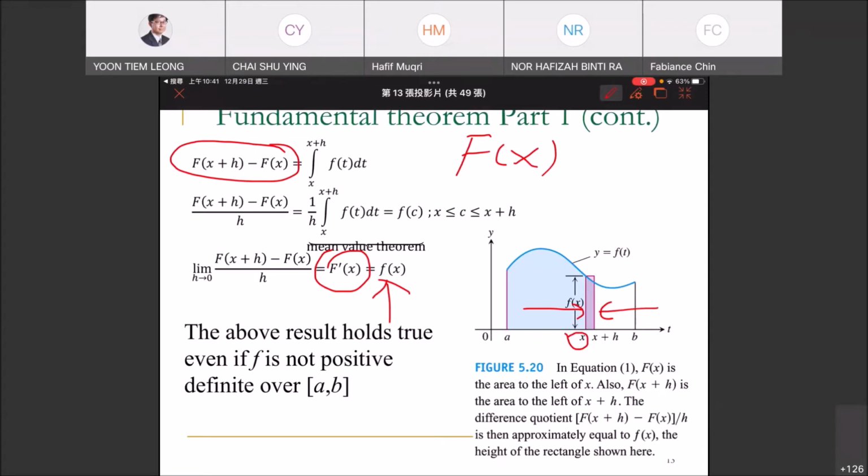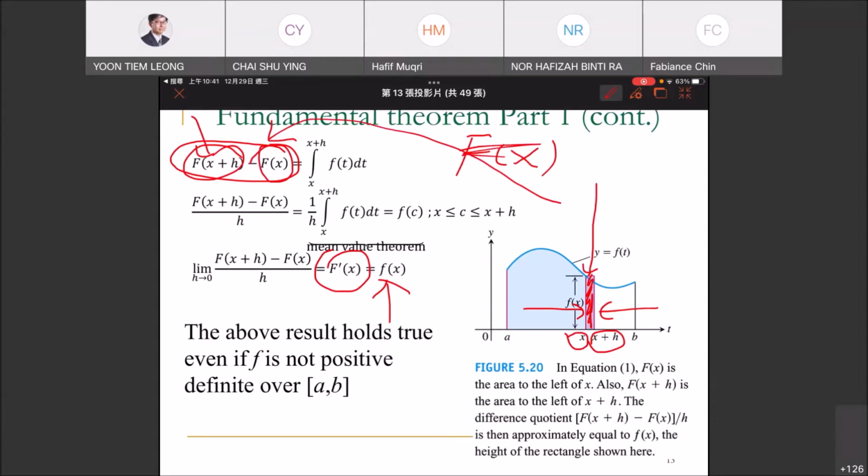Then you can also integrate the small function f from a to x plus h. This represents the area of the small function f from a to x plus h. Then F(x) represents the area of the small function f from a to x. Then you take the difference. So the difference is represented by this shape, which is the capital function F at x plus h minus the capital function F at x.